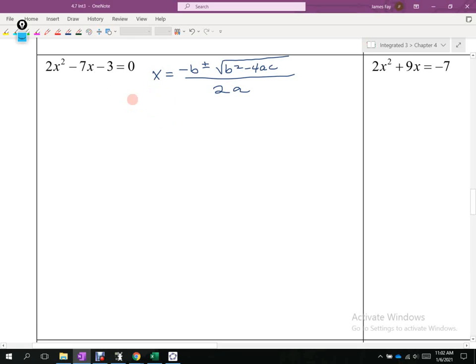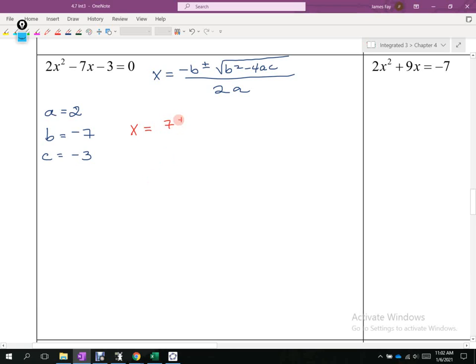So, what is your A value in this problem? 2. What is B? -7. And C is -3. Okay, so now when I plug those things into my formula, x equals, so the opposite of B, so what would be the opposite of B here? +7.